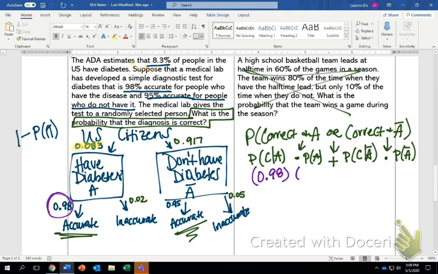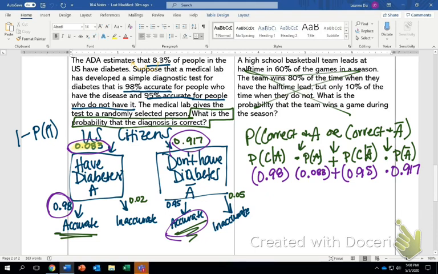Then the probability of this person having diabetes in the first place, according to my information, is 0.083, plus the probability of being correct given that I don't have diabetes, which is 0.95, times the probability of not having this disease, which is 0.917.